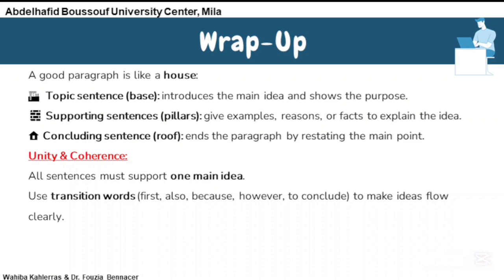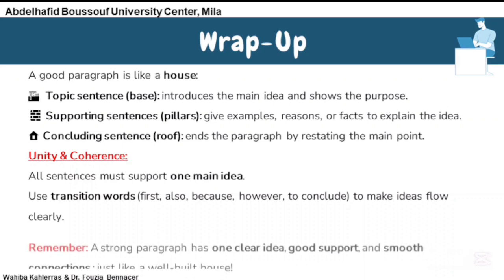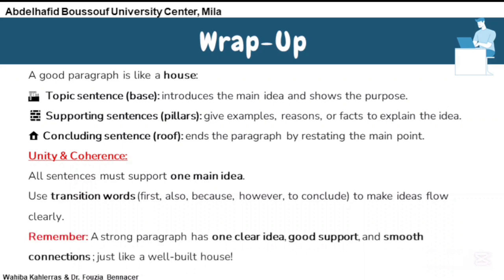For unity and coherence, we explained that all sentences must support one main idea. They shouldn't include irrelevant sentences or be illogically combined together within the sentence. You can use transition words to achieve coherence, like first or second. Also, within the sentence, you can use because, however, to conclude.